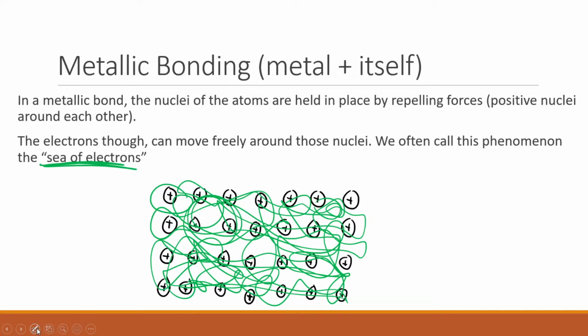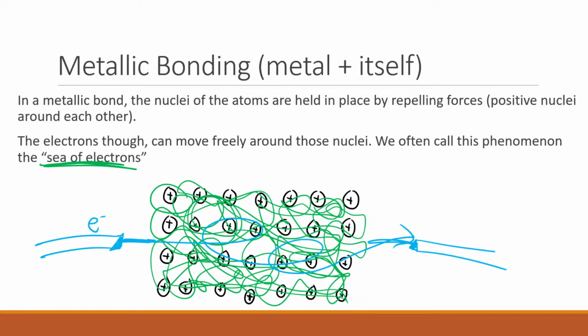If I take a wire and I connect it to this piece of metal, the electrons that are in the wire can take whatever path they choose to get to the other side of the wire and continue their path. They can go through without a problem because those electrons are free flowing.